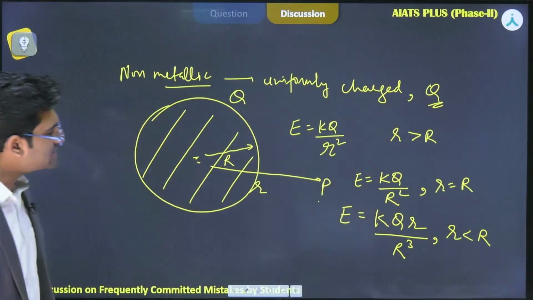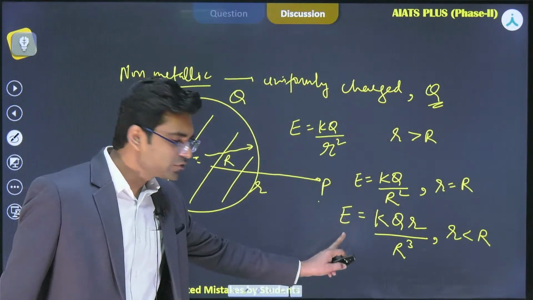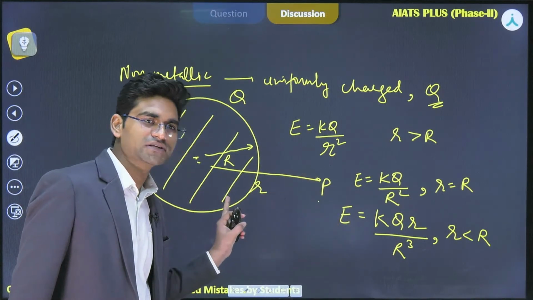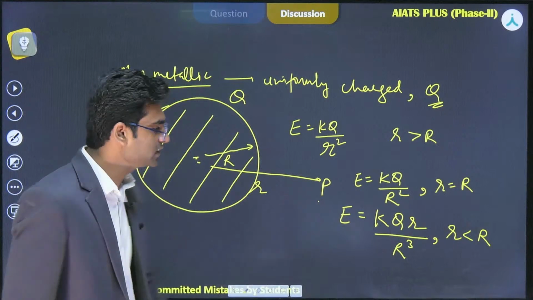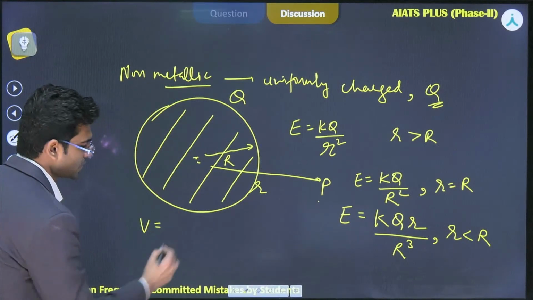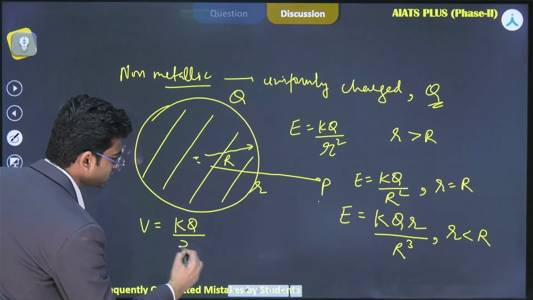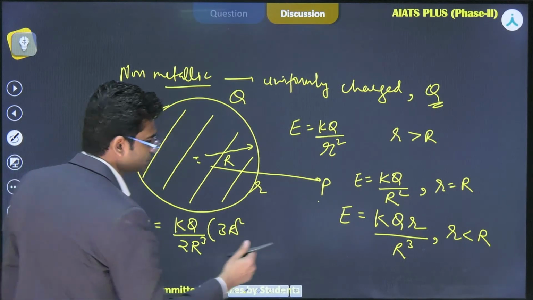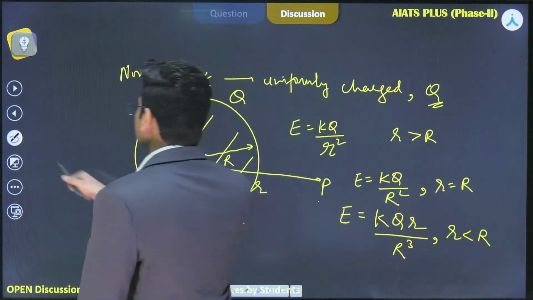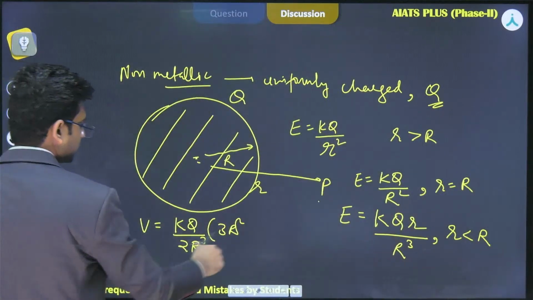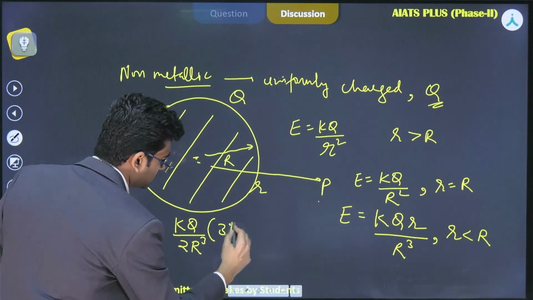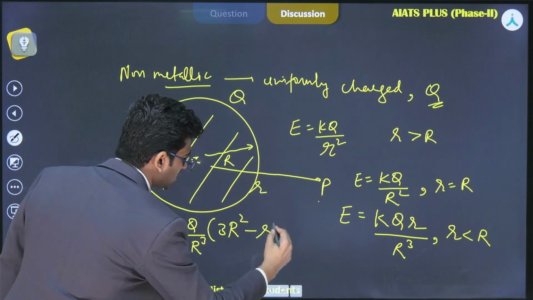Since the electric field is not zero inside the non-metallic sphere, its potential also changes inside the sphere. And that formula becomes kq by 2R cube times 3R square minus r square.